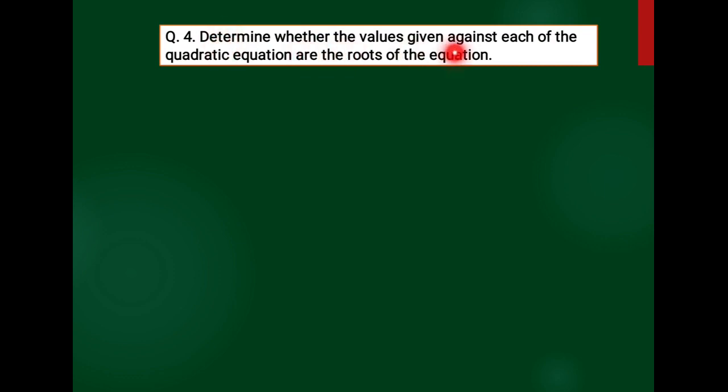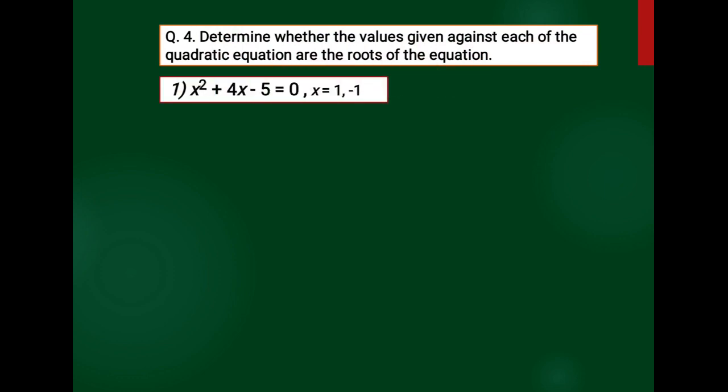Determine whether the given values against each of the quadratic equations are the roots of the equation. The first equation is x square plus 4x minus 5 equals 0, and the values are x equals 1 and minus 1. In this question, we have to check whether these values are the roots of the given equation or not.